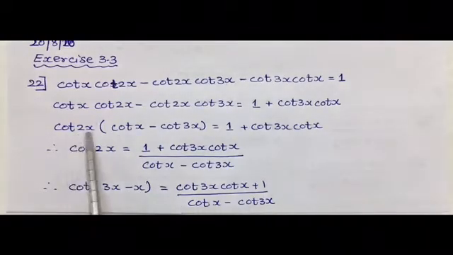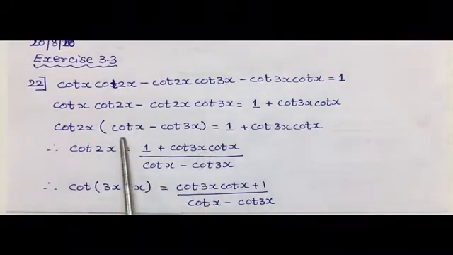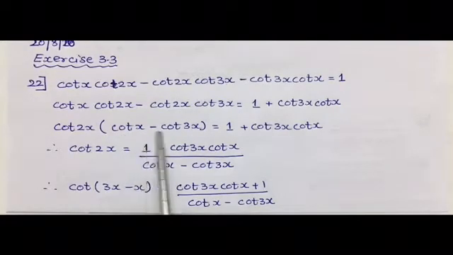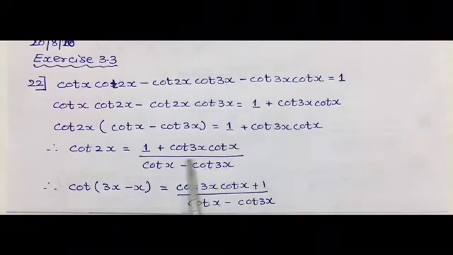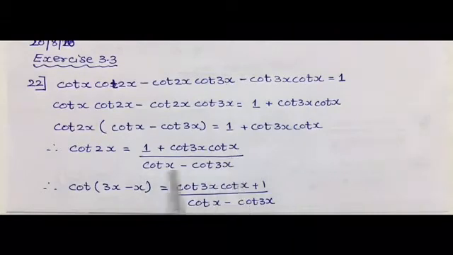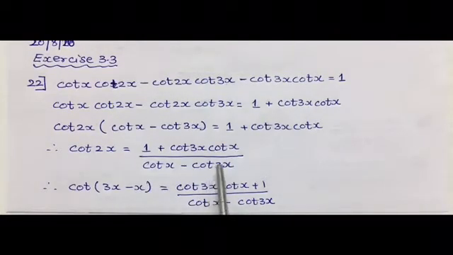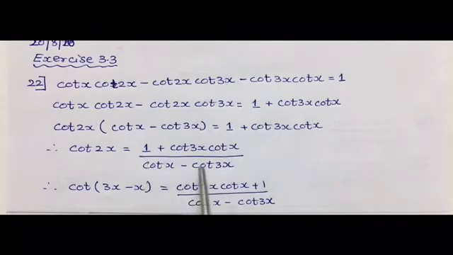Now as cot 2x and the bracket are multiplied, shifting this bracket to the other side will go in division. So in LHS remains cot 2x is equal to 1 plus cot 3x cot x divided by cot x minus cot 3x.